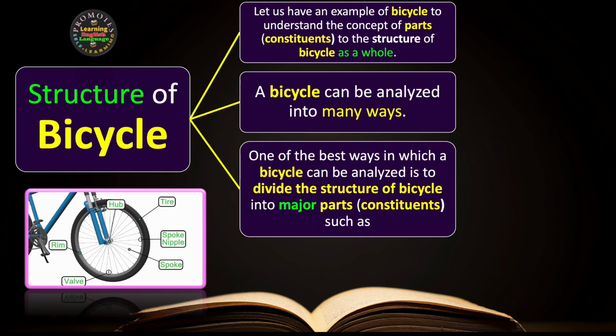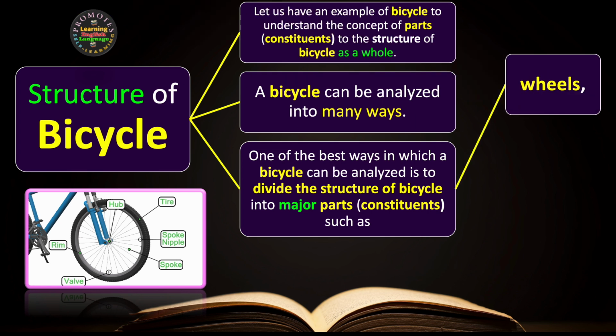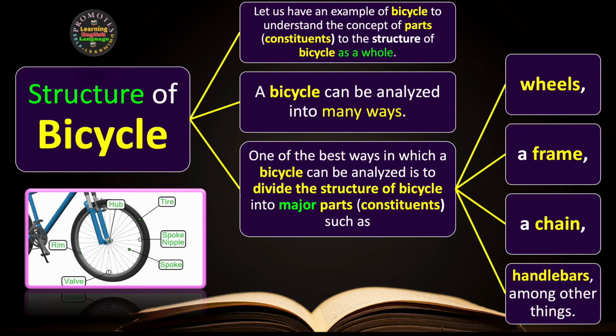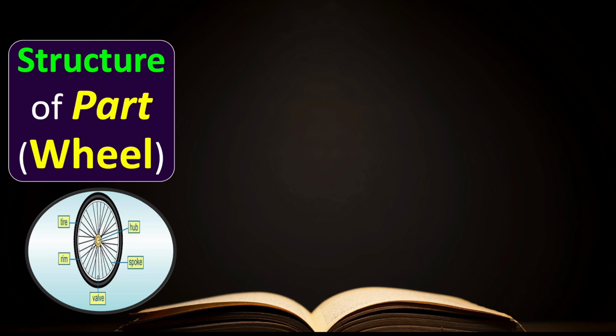One of the best ways in which a bicycle can be analyzed is to divide the structure of bicycle into major parts, constituents, such as wheels, a frame, a chain, handlebars, among other things.